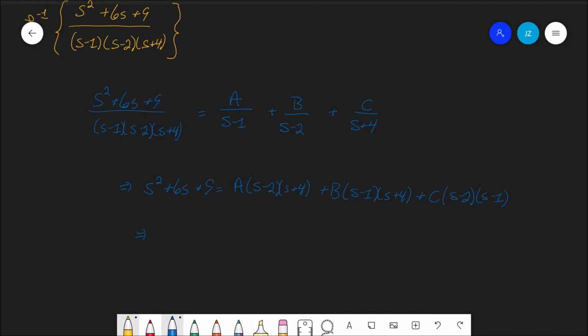By using s equals 1, s equals 2, and s equals negative 4 respectively, we'll find that a is negative 16 over 5, b is 25 over 6, and c is 1/30.